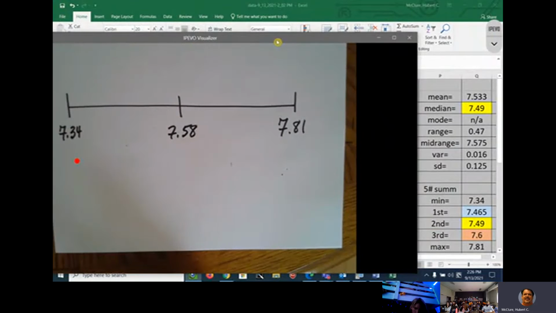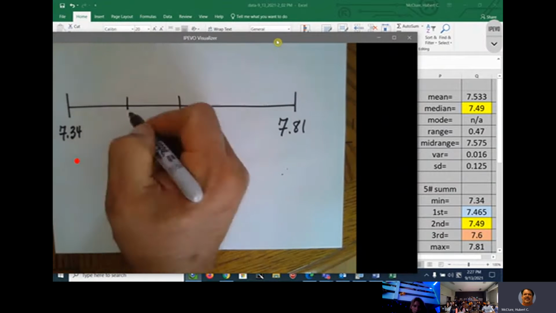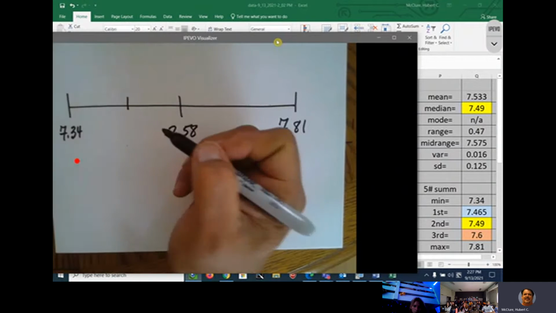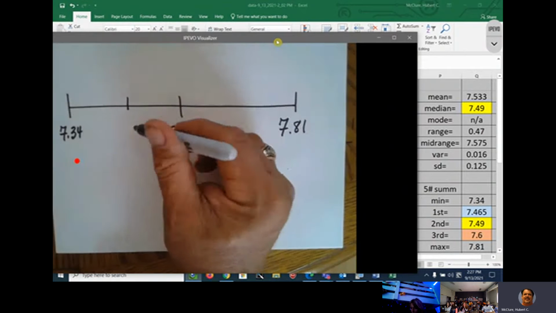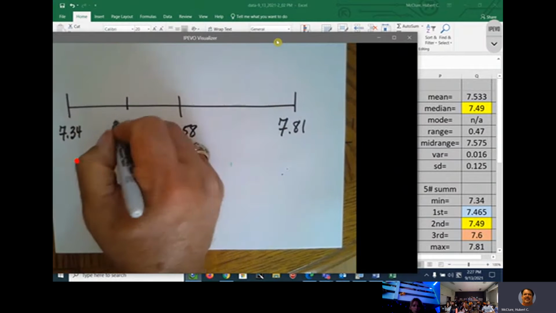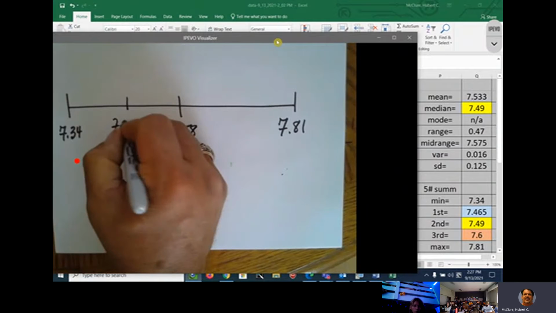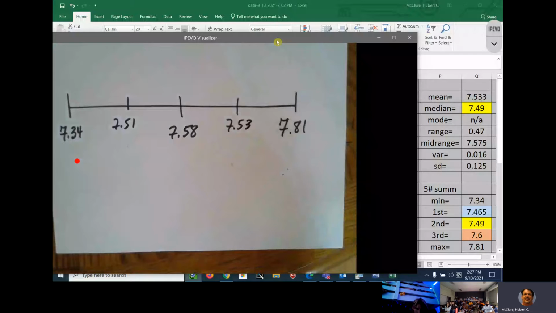Now, I have no idea. 7.34, half of 34 is 17. So that's going to be 7.51 or 7.41. Let's see, half of 34 is 17.